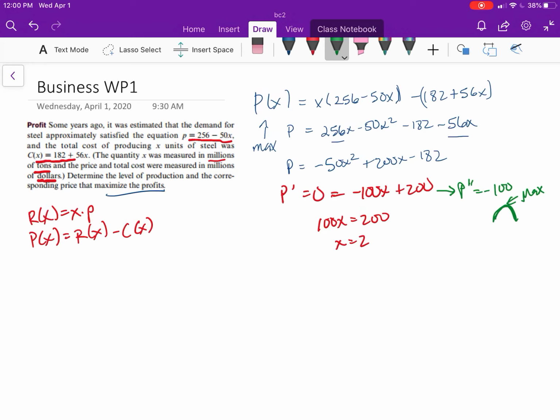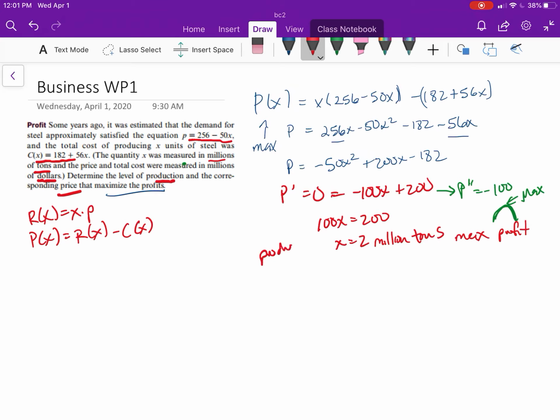One other thing to point out, X is measured in millions of tons. So 2 million tons will maximize profit. Now there's one more piece of this question though, right? The level of production and the corresponding price.